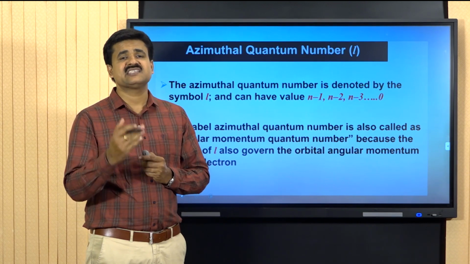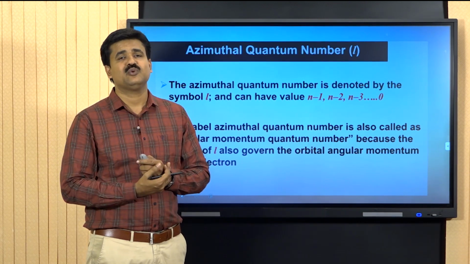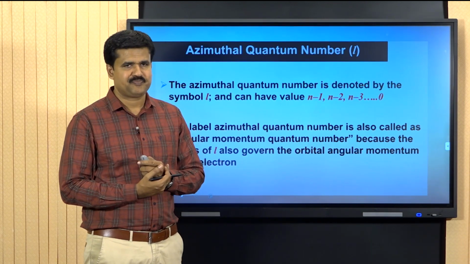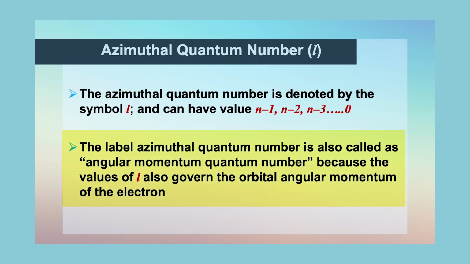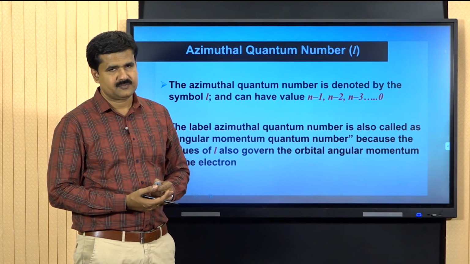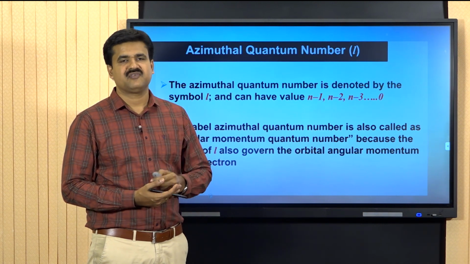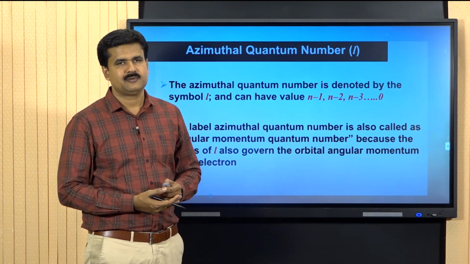That is, n minus 1 is the highest value of azimuthal quantum number. The azimuthal quantum number is also called the angular momentum quantum number. This is because the value of L also governs the orbital angular momentum of the electron, that is, angular momentum of an electron moving in an orbital.